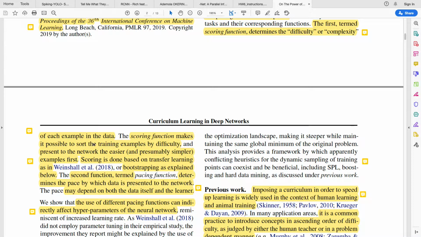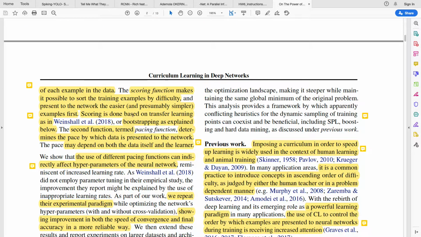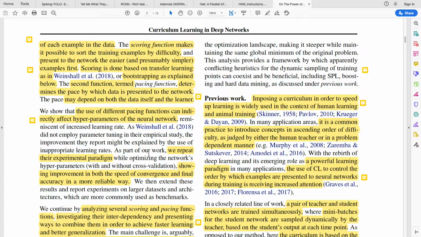Then you will use that number to sort your training examples. That means you have to run each training example through that scoring function to be able to find out the difficulty. So the scoring is done based on transfer learning or bootstrapping, like I said.